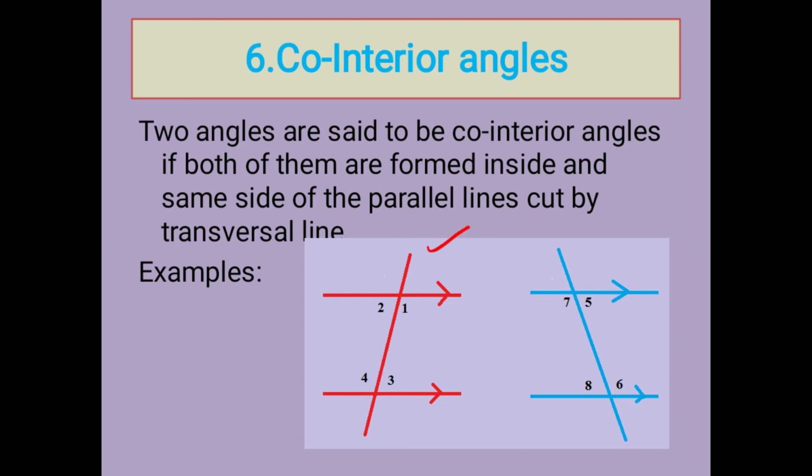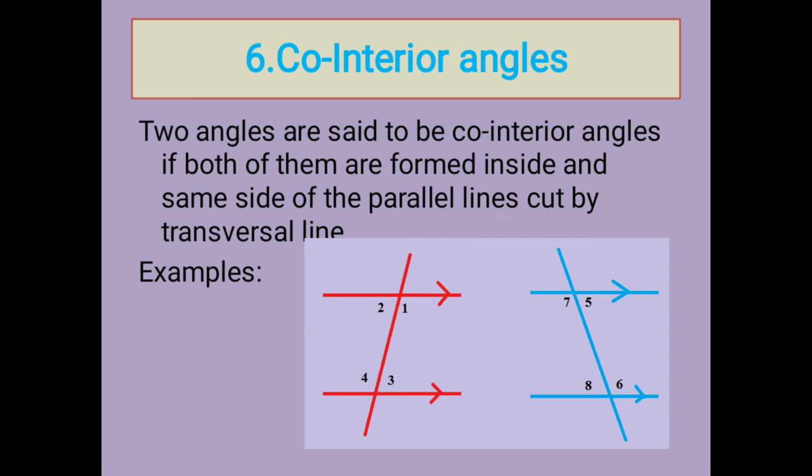You can see this one is the transversal line, and 1 and 3 are on the same side, that is on the right side of the transversal line, and also they are inside the parallel lines. See here, the angle in the first position and the angle in the third position, both of them are inside the parallel lines, so they are called co-interior angles. This is just the reverse case of exterior angles.